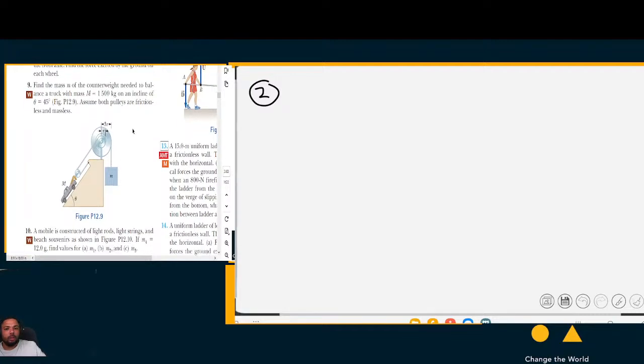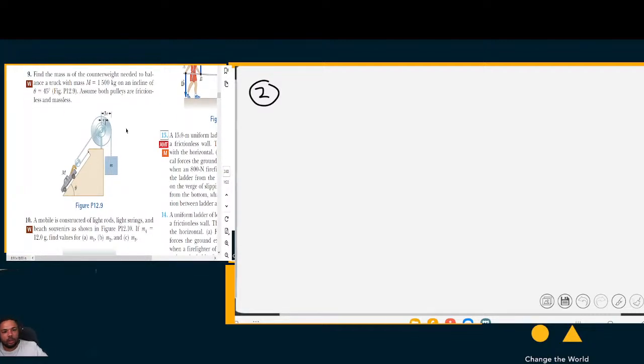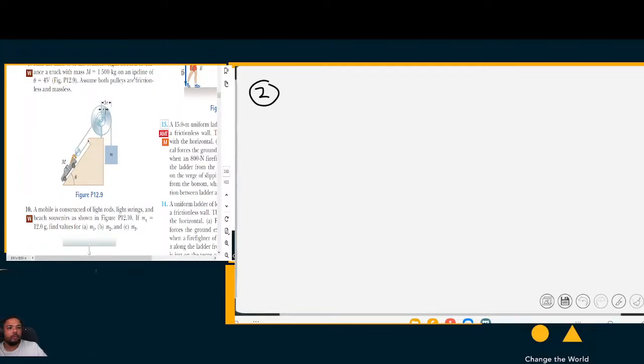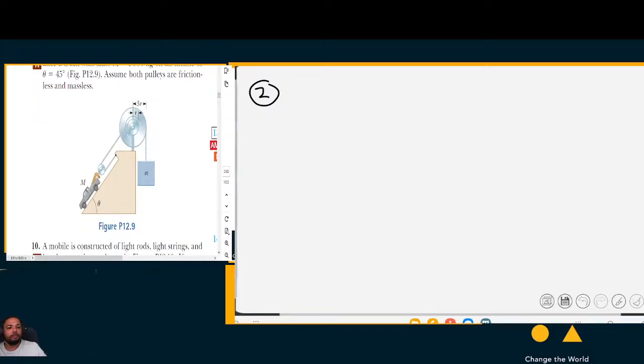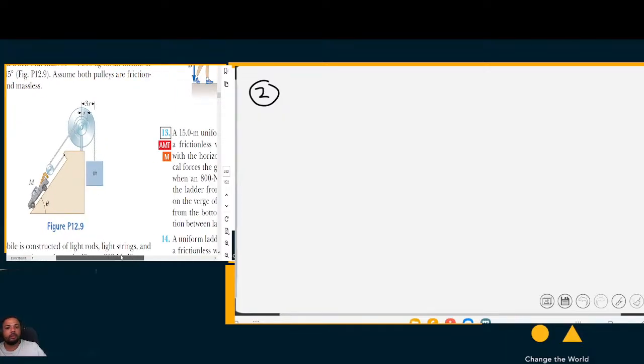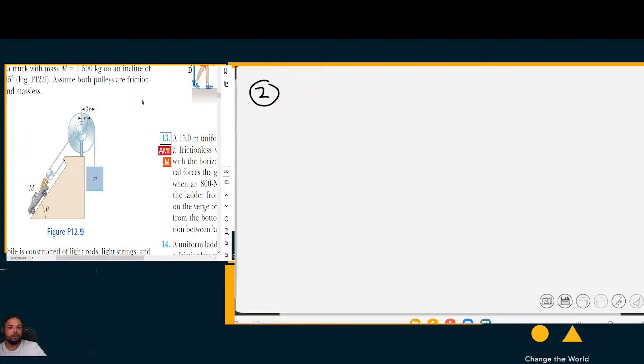So there's the image that we are looking at: this truck being held by this pulley system. Okay, there we go. So this is the situation. Let me just show you the question as well.